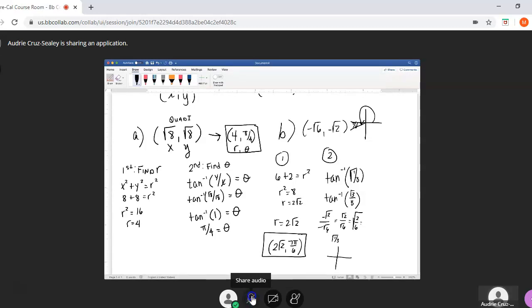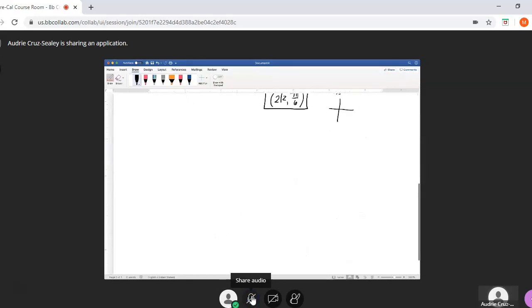Okay, so that's the answer. So let's try it again. Let's do C, because C is going to be a little bit harder, and you're going to tell me why. C says 3, 4. So I want you to change this into polar.